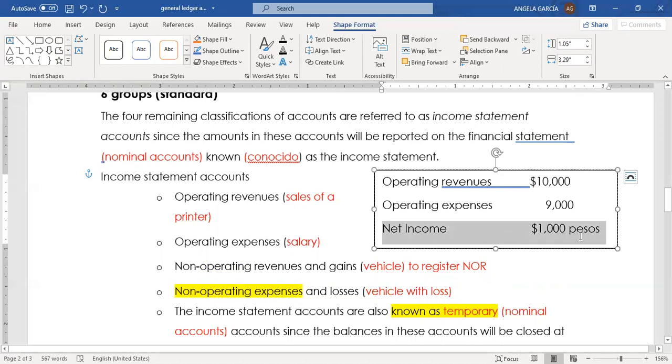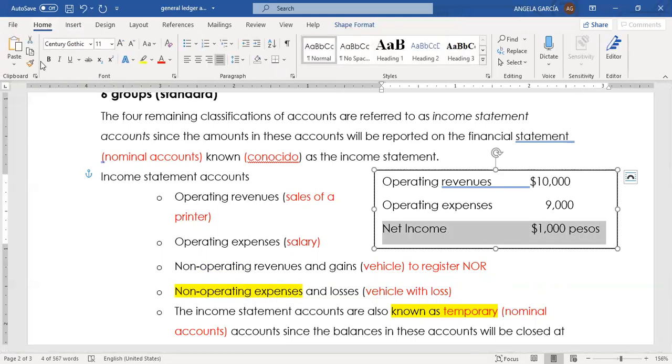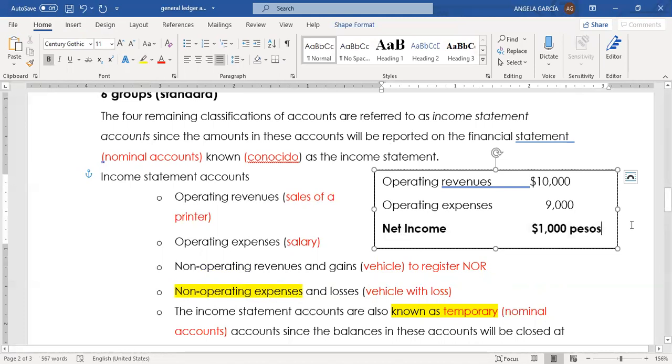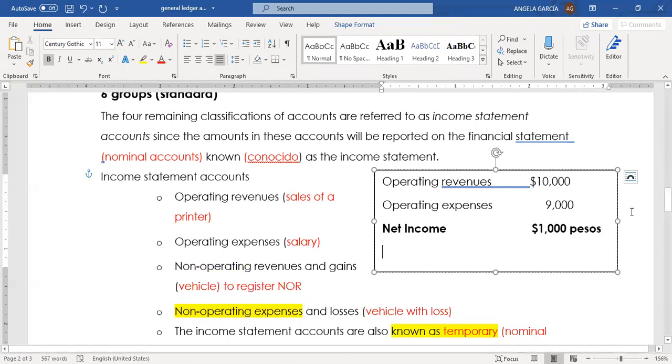You remember that when you are preparing a hoja de trabajo, that is something that you need to close, because this amount is in all these accounts. I'm just having a summary here, but you may have a detail of those accounts that are operating revenues. You may have selling computers, selling laptops, selling printers, and things like that.